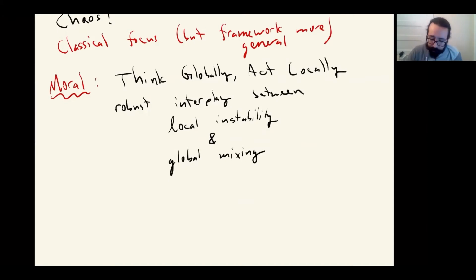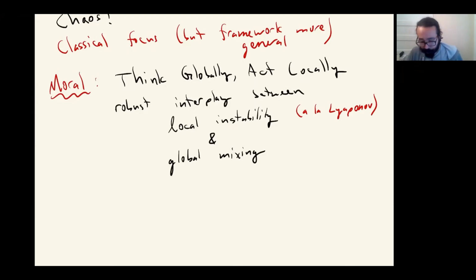I'm not good at spelling Lyapunov. So this first part, the instability part, is the exponential separation of nearby trajectories.